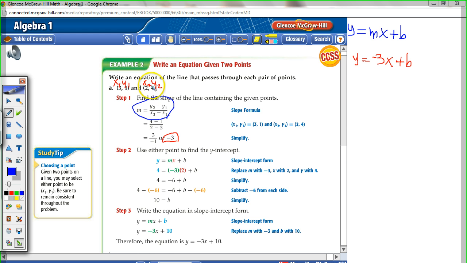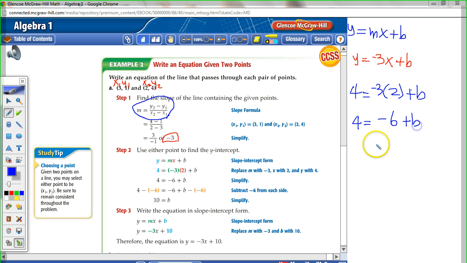Remember the y is 4, so I'm going to put 4 equals negative 3 times, and x is 2, plus b. And now you have 4 equals negative 3 times 2 is negative 6 plus b.